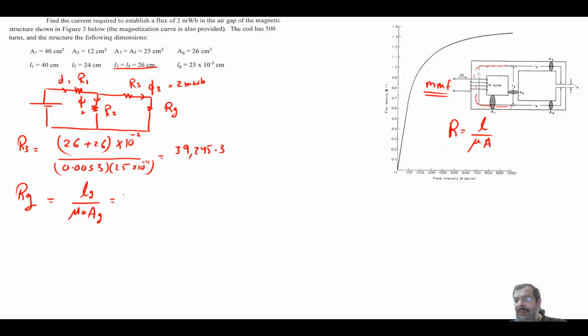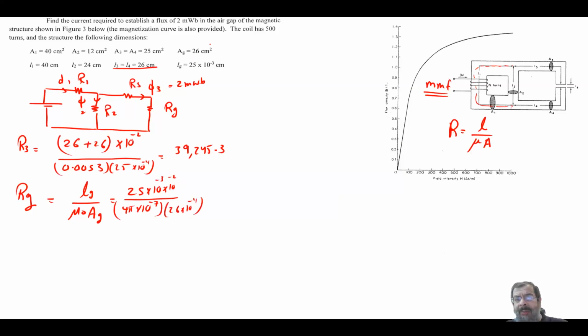The air gap length Lg is 25 times 10 to the minus 3 centimeter, so 25 times 10 to the minus 3 times 10 to the minus 2 to convert to meter, divided by 4 pi times 10 to the minus 7 times the air gap area. The air gap area is 26 centimeters squared, so 26 times 10 to the minus 4.